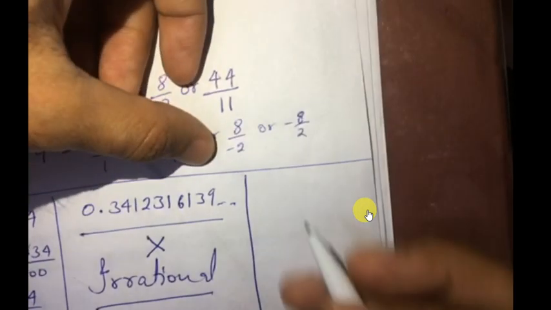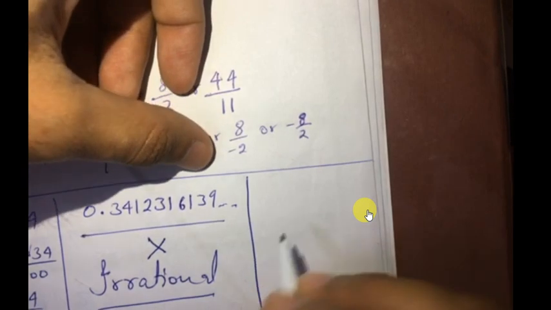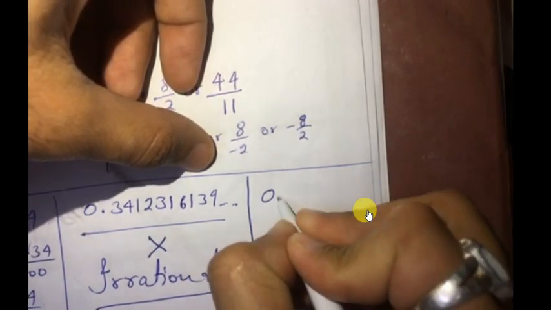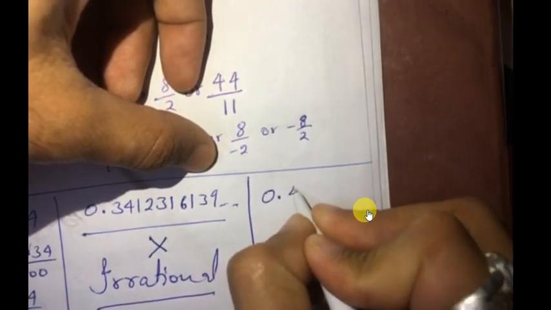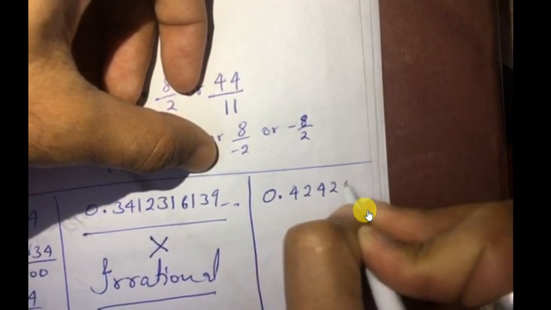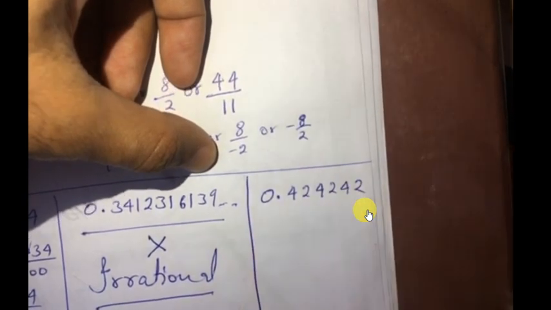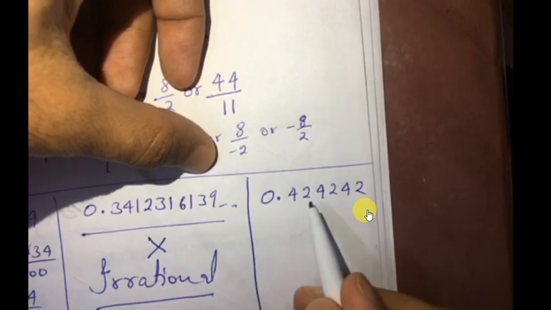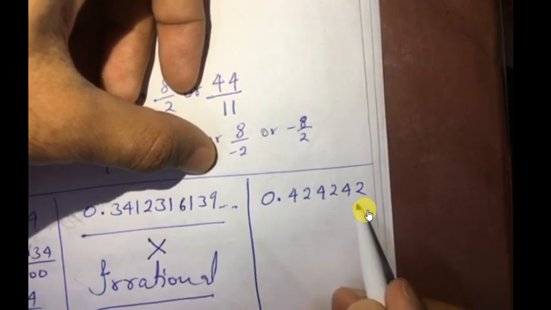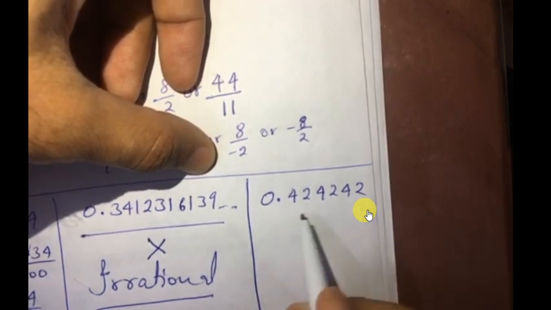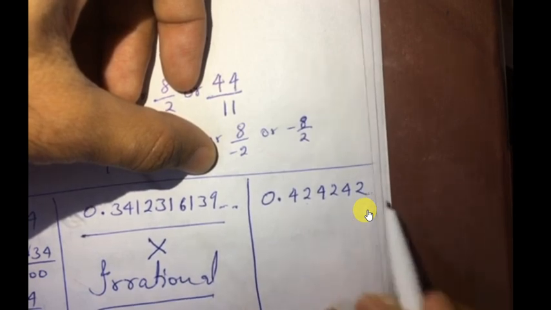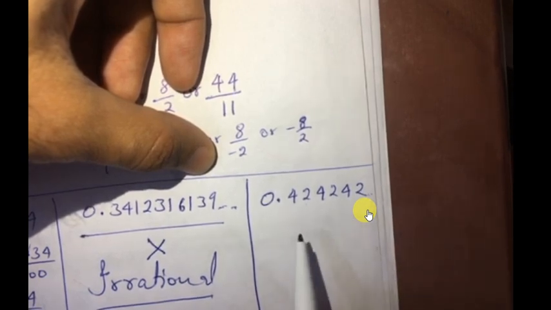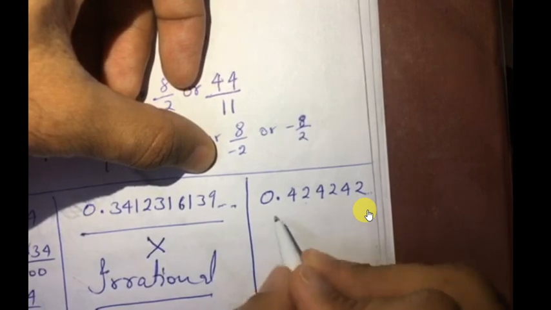Now the third type of numbers are non-terminating recurring. What are they? Let's say 0.424242. If you see, you will find that 42 is repeating again and again. So these types of numbers are also non-terminating decimal numbers, but non-terminating recurring decimal numbers.